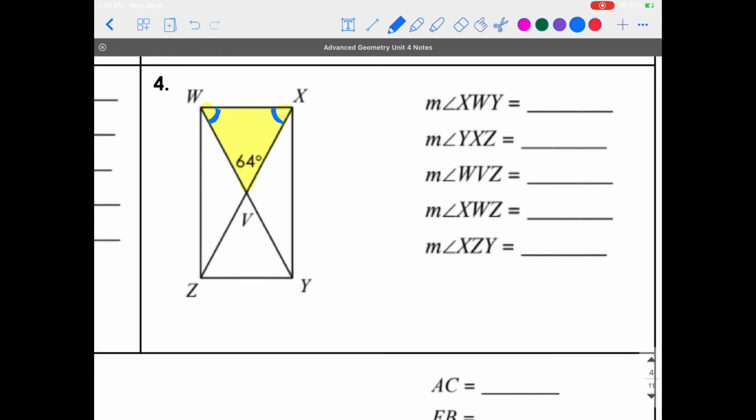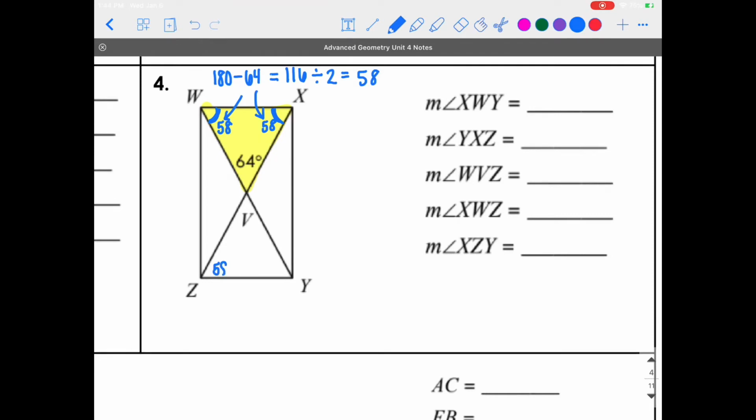So what I could do to find those is I could take 180 minus 64, which is 116, and then I can divide that by 2 to get 58. So each of those would be 58.